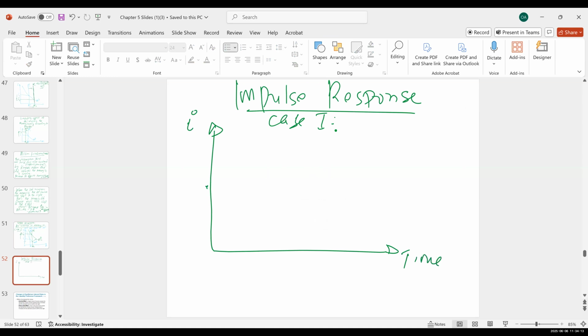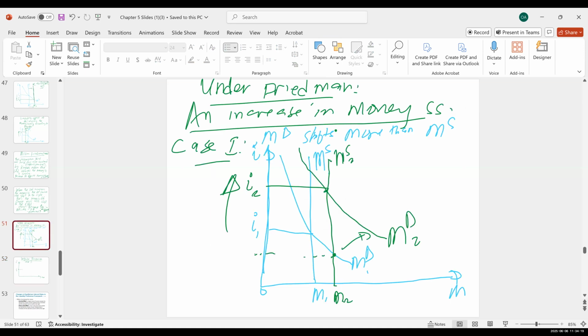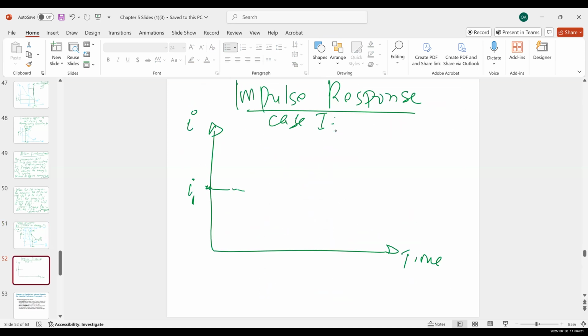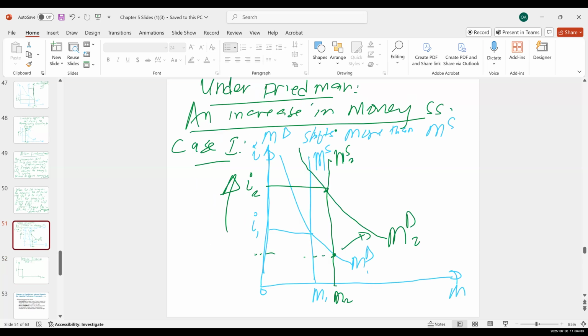So initially, the interest rate was I1. If you look at this diagram, it was I1. Then according to this impulse, at some time, say T0, the Fed prints money. When they print money, there are two effects going on here. There's the liquidity effect, which leads to an increase in the money supply. The liquidity effect tends to pull the interest rate down.